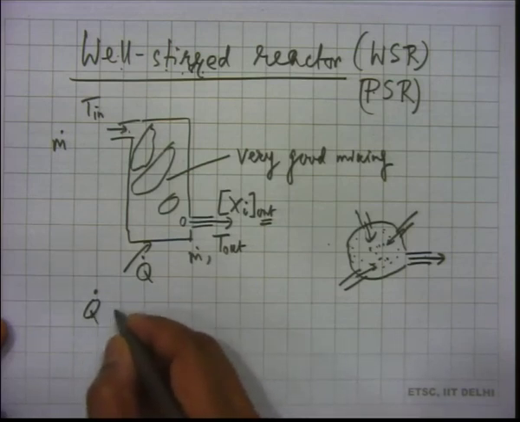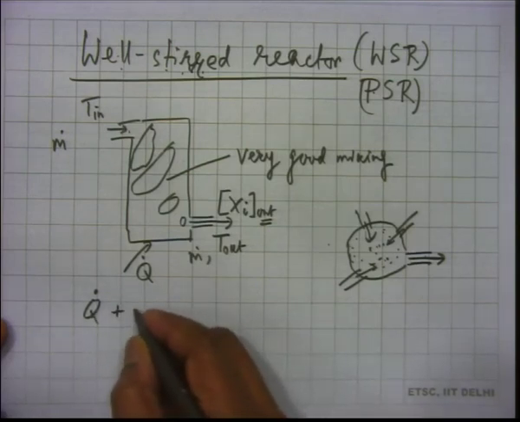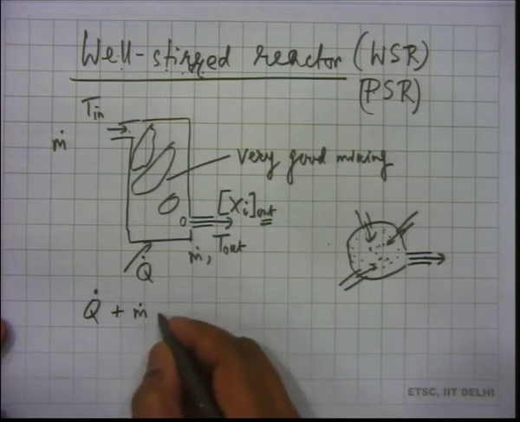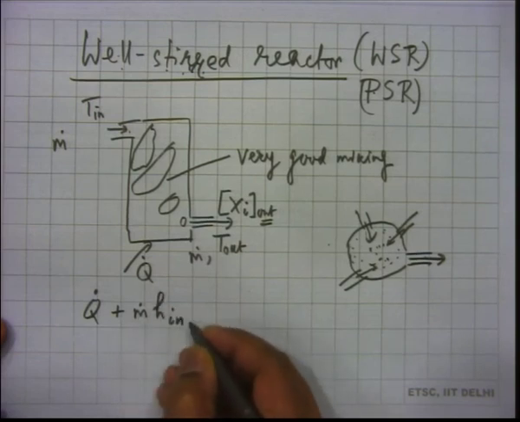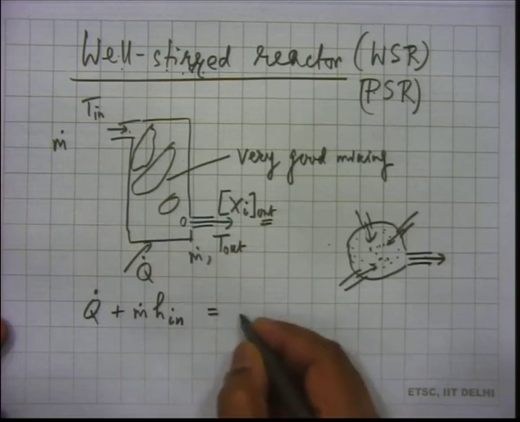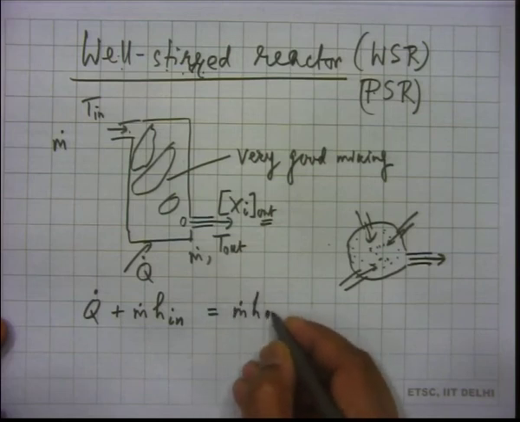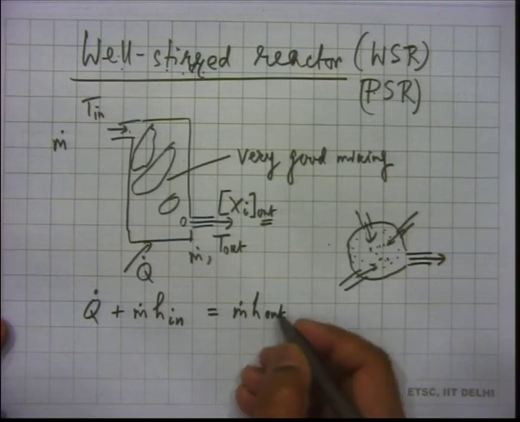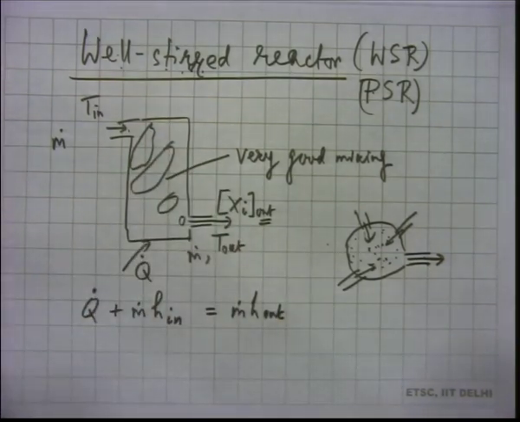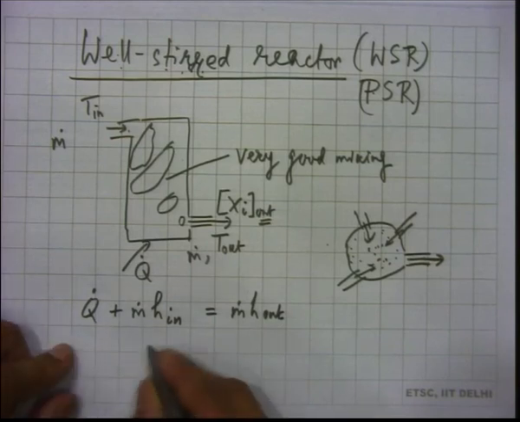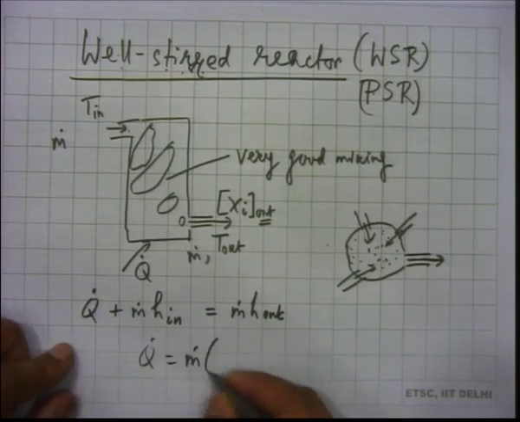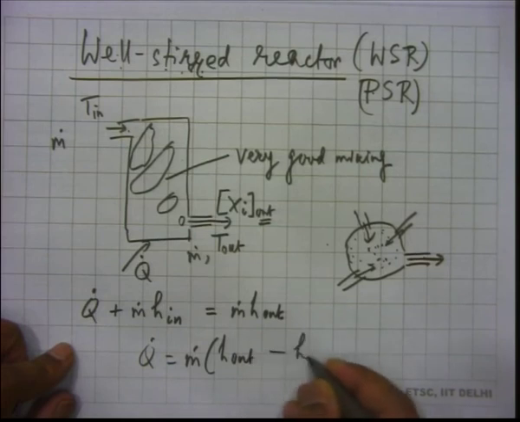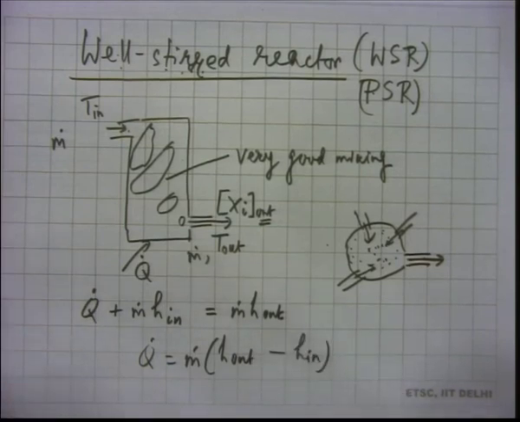So, we write q dot plus m dot h in equal to m dot h out plus work done, but there is no work done, there is no moving shaft in here. So, we are not writing a w dot. So, that means your q dot is m dot times h out minus h in. So, this looks simple.